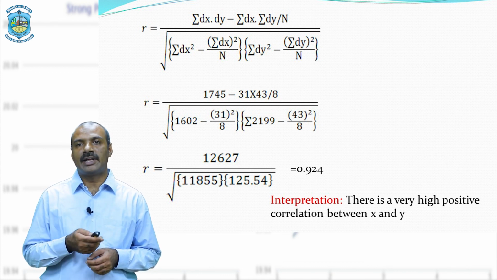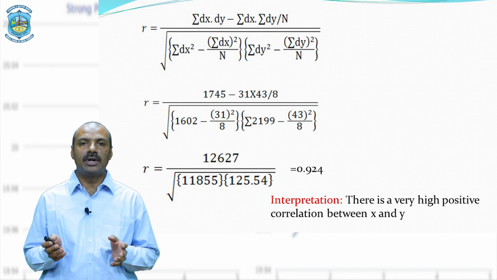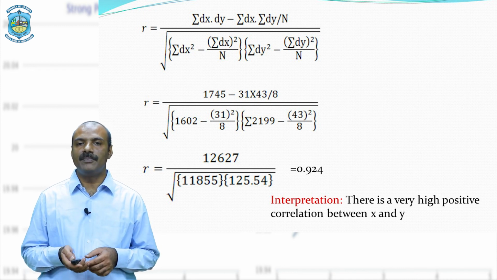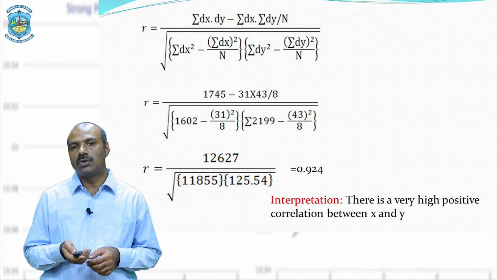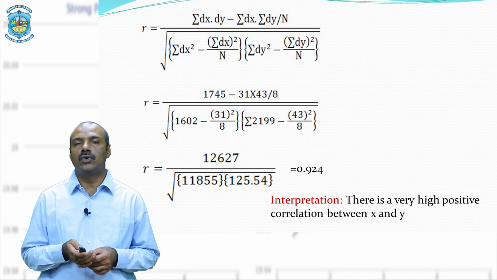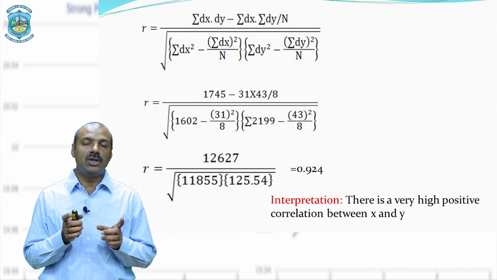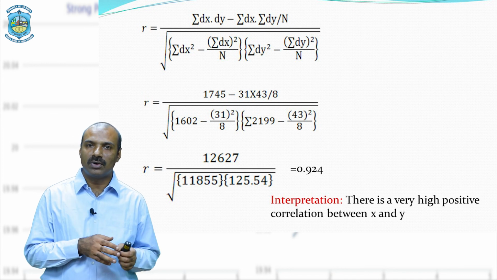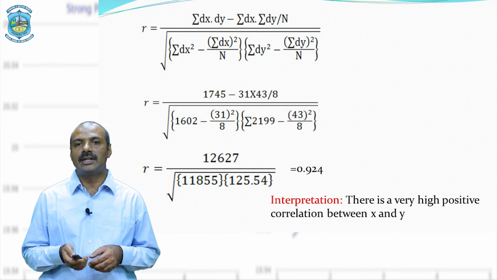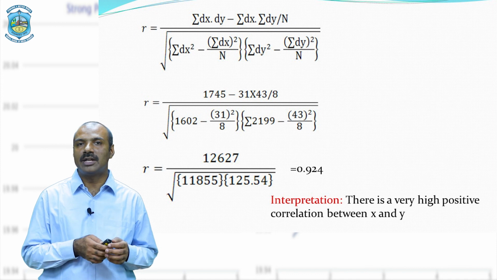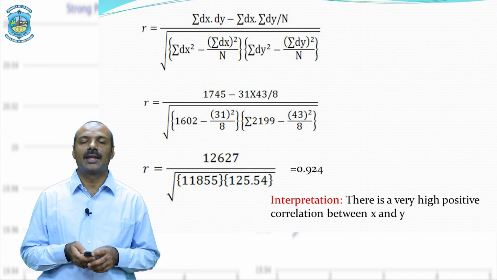The other values we have already calculated in the previous table. So we substitute these values in our formula, and the result comes out to be 0.924. Again, this value of r is very close to 1, so we can interpret that there is a high positive correlation between x and y.